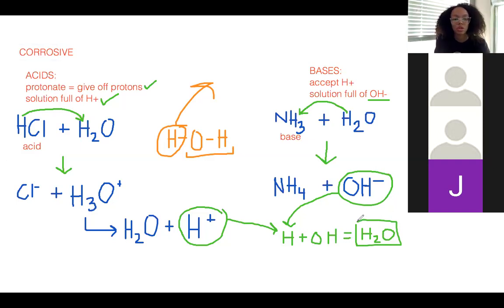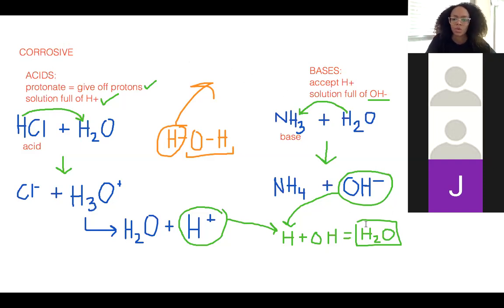This is one of the coolest things ever. You can take an acid, which has potential to be very dangerous, and a base, which has potential to be very dangerous. When you combine an acid and a base, what do you get? You get water. Okay. Because we have all of those H's and all of those OH's, they make H2O, water.